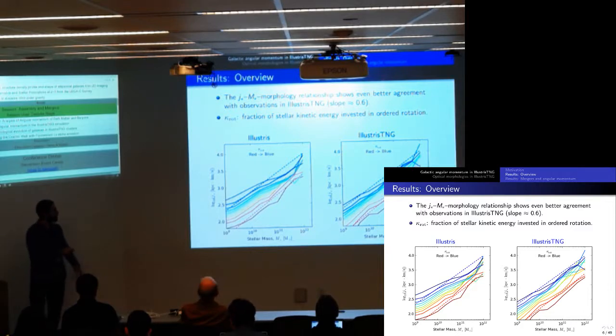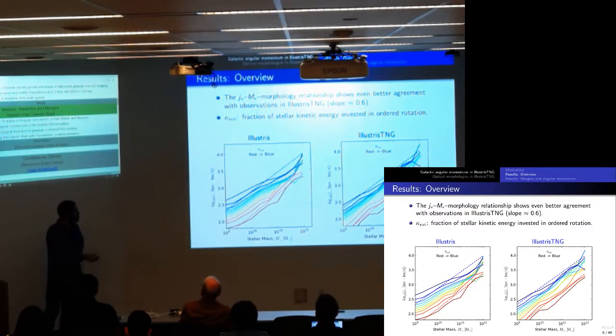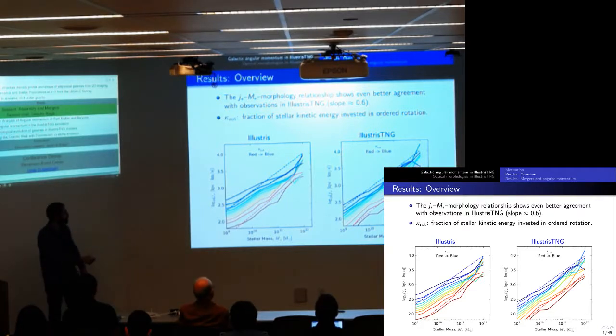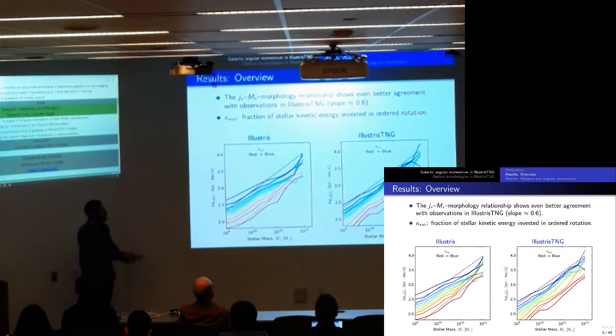So it's what I call a kinematic morphology. In IllustrisTNG, the agreement is quite striking in my opinion. The most disky galaxies are almost on top of the observed trend, and the most spheroidal galaxies are also in very good agreement with observations.